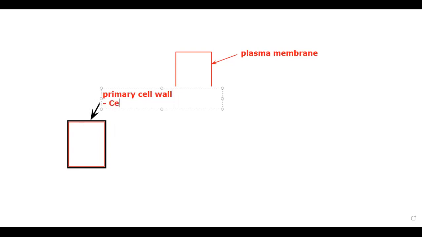In the primary cell wall, there will be cellulose, hemicellulose, and pectin only. Understood? Yes, sir.